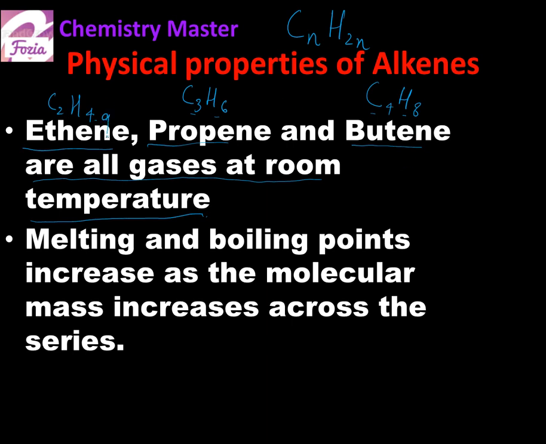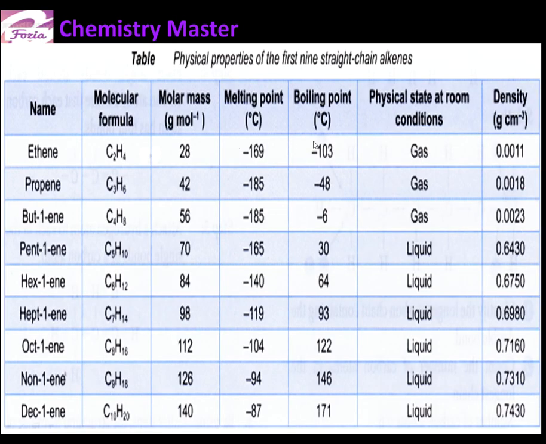The next, the melting and boiling points increase as the molecular mass increases across the series. So just have a look at this table to understand how and why the melting points, the boiling points, the physical states and density are changing across the series.